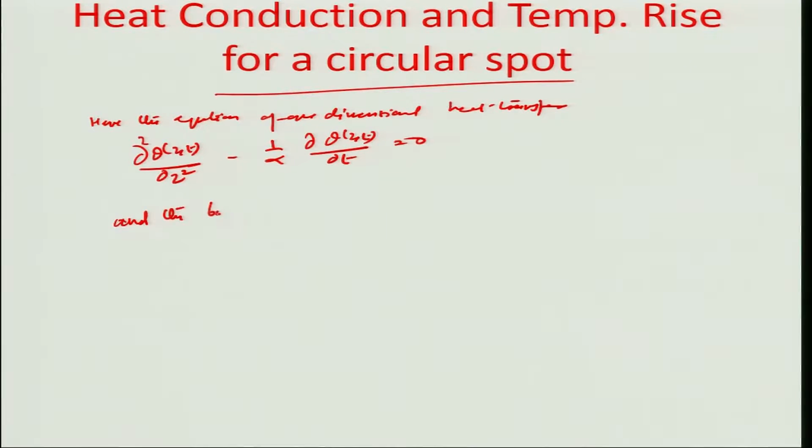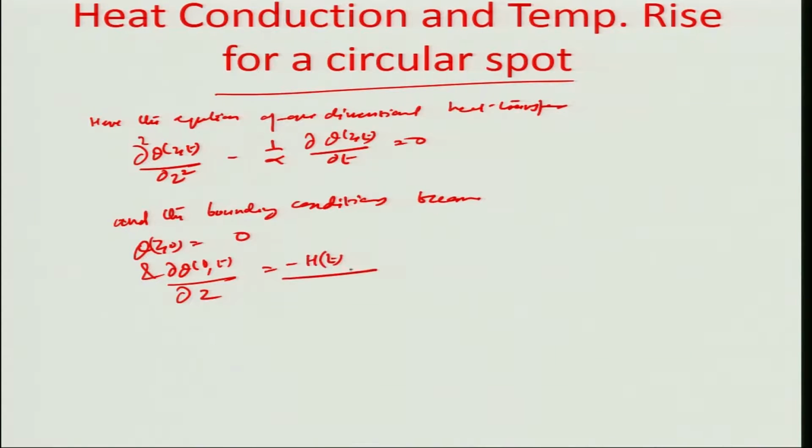the boundary conditions become theta(z,0) equals 0 and del theta(0,t) by del z equals minus H(t) by k pi d square by 4 times t.